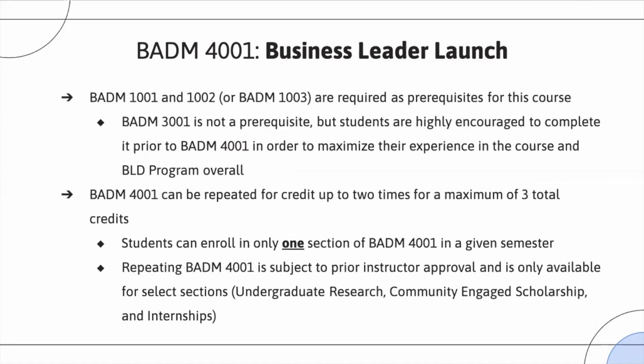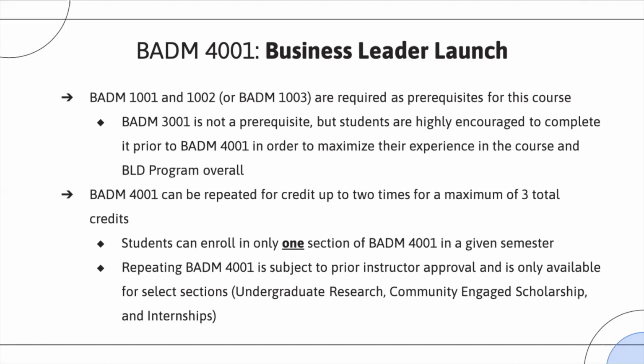So the prerequisites for this course are BADM 1001 and 1002, or BADM 1003, depending on the track you are in. While it is not a prerequisite, we again strongly recommend that you take BADM 3001 prior to enrolling in BADM 4001 in order to maximize your experience in the program and set yourself up for success. This course can be repeated for credit up to 2 times for a maximum of 3 total credits.